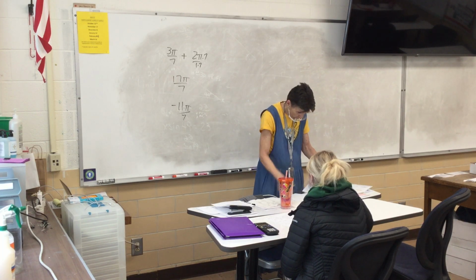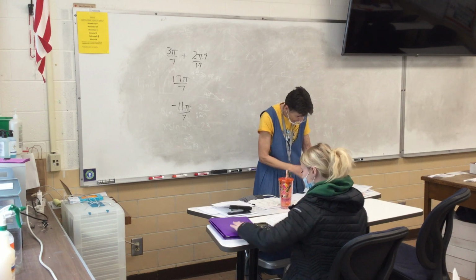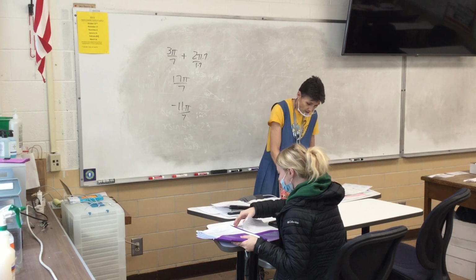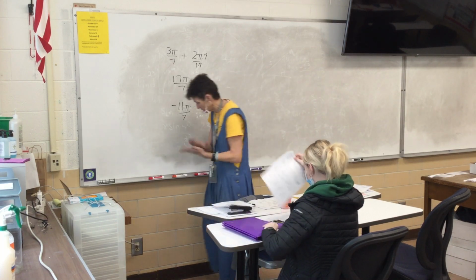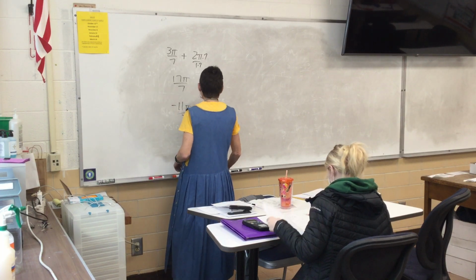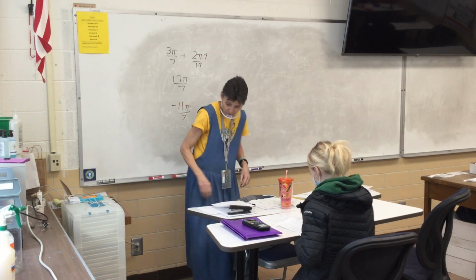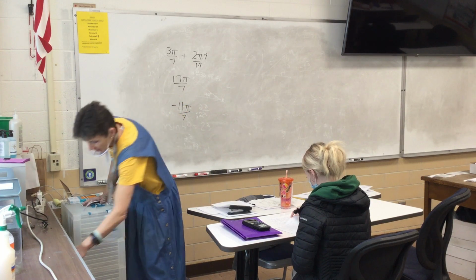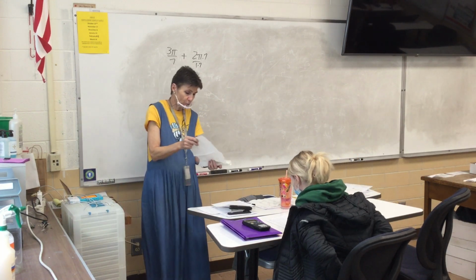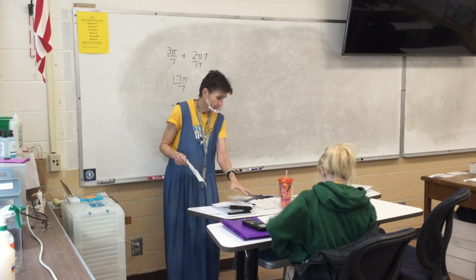I'm trying to figure out where I stopped with you guys. Oh, we're ready for 4-4, aren't we? Yes. Oh, wonderful. 4-4 is all about graphing your functions. So, if you have your colored sheet with you, turn it over.